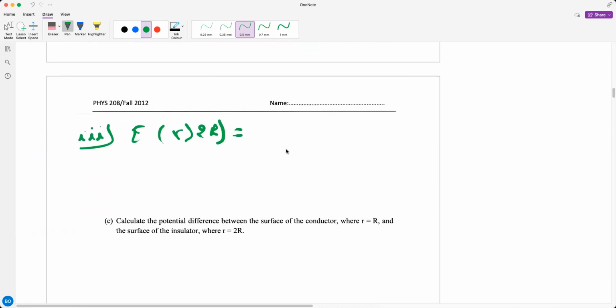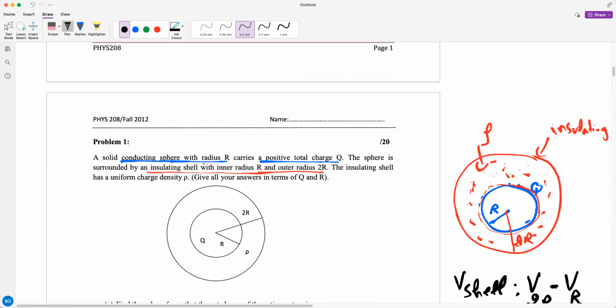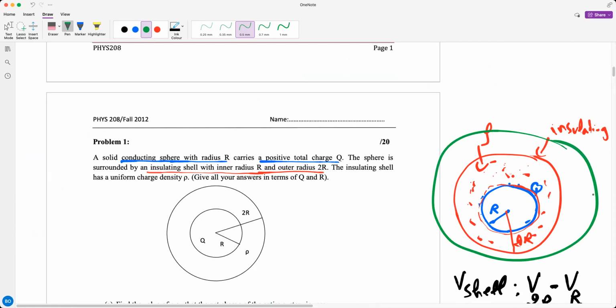Now, what is Gauss's law? Gauss's law is the following: the integral of E dA equals the total charge enclosed divided by epsilon 0. So if I go back here, I want to calculate the electric field at this zone, r bigger than 2R. What is the enclosed charge?